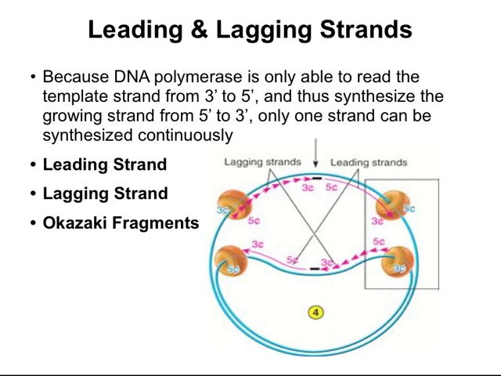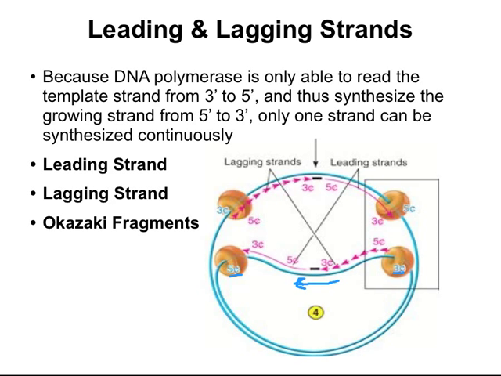So again, looking into our origin of replication and our 2 replication forks, let's take a closer look at how this works out. So down here, our blue strand is 3' to 5'. So DNA polymerase has to move in this direction along the strand, and synthesis happens in this direction along the strand also.